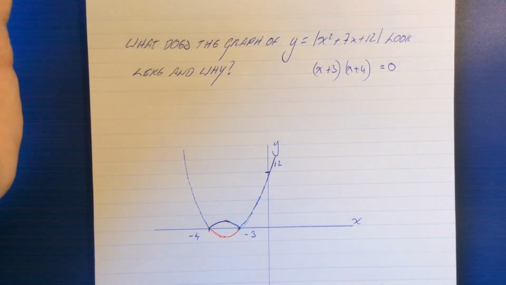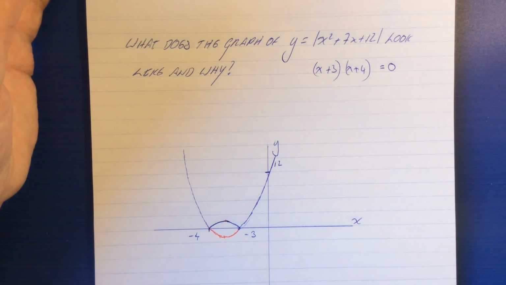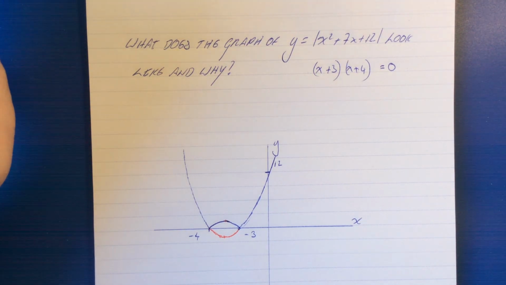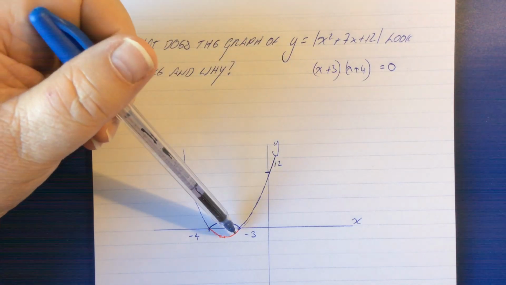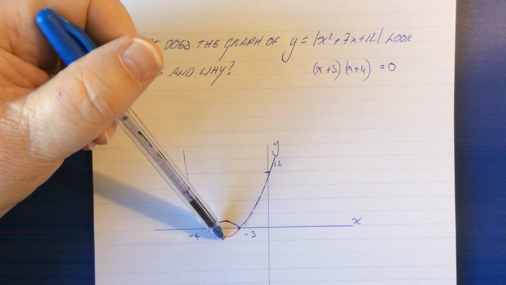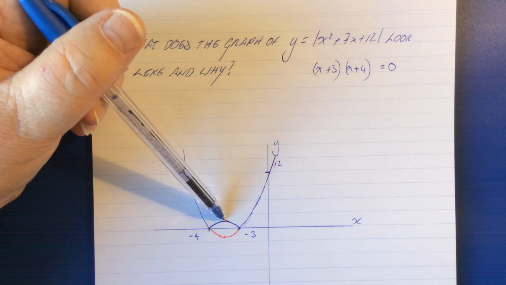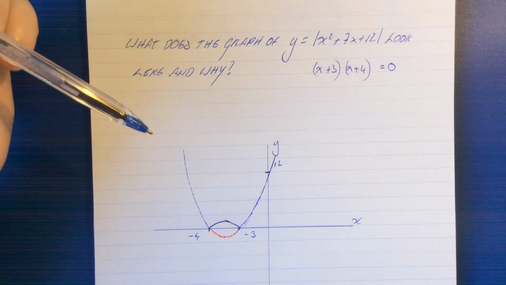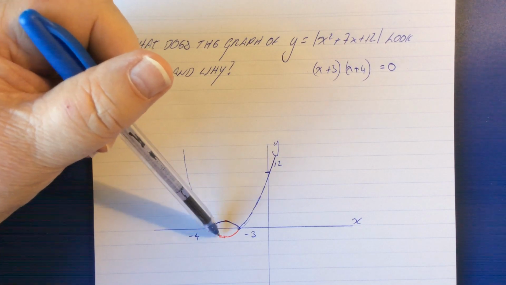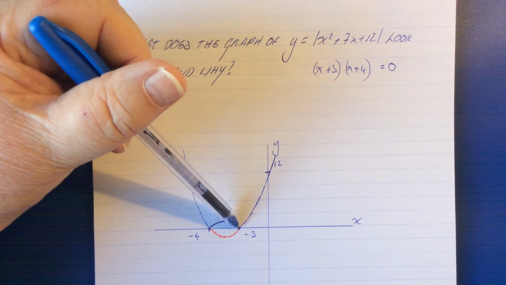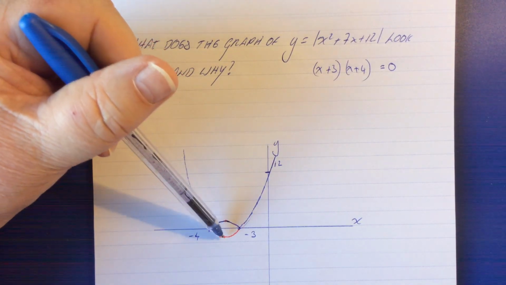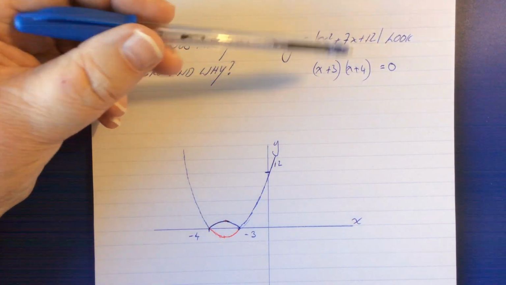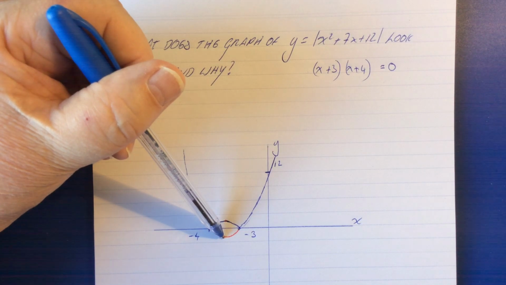Now I hope that made sense. If you want a shortcut to this, basically everything below the x-axis gets flipped. Put it that way. Now the reason that it gets flipped is because what we're dealing with is the distance of the value generated by this function from 0.